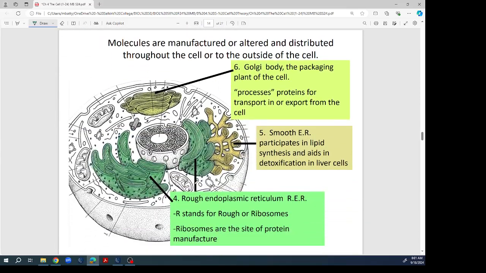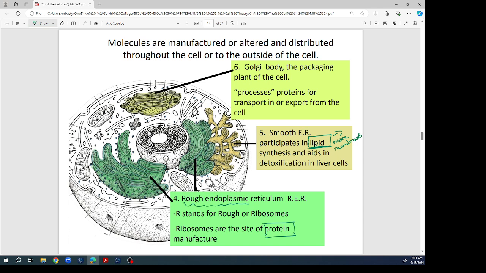So here we have those key molecules that are manufactured, altered and distributed. I'm going to start at the bottom, number 4 down here, the rough endoplasmic reticulum. This is the protein manufacturing. The smooth endoplasmic reticulum is all about lipids. Now lipids could be more phospholipids or more membranes, because we know all membranes are made of phospholipids, and phospholipids were one of the kinds of lipids.